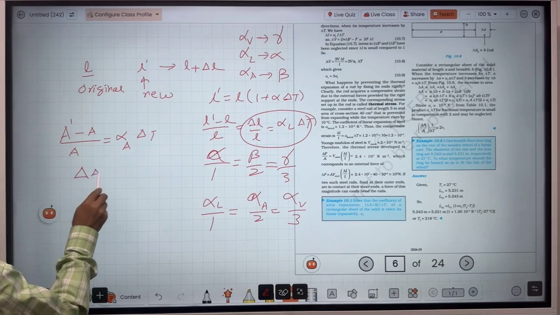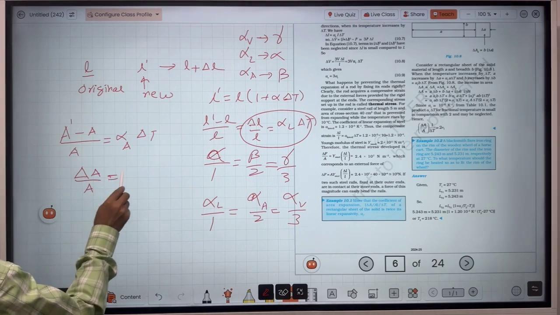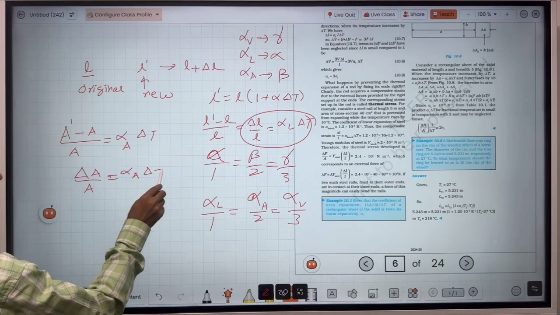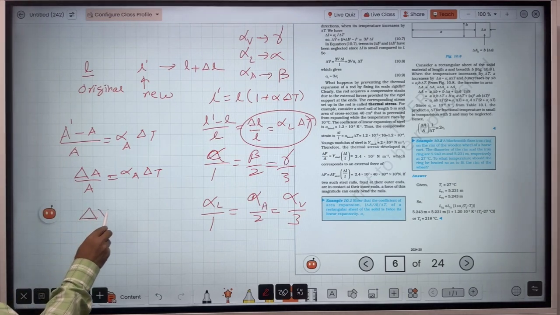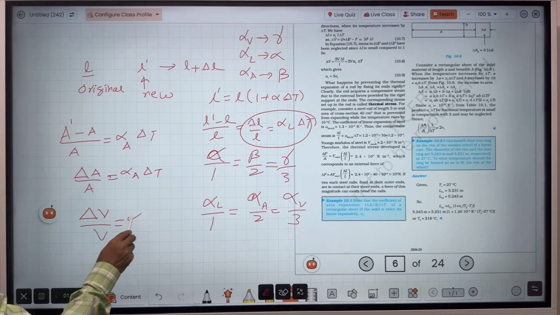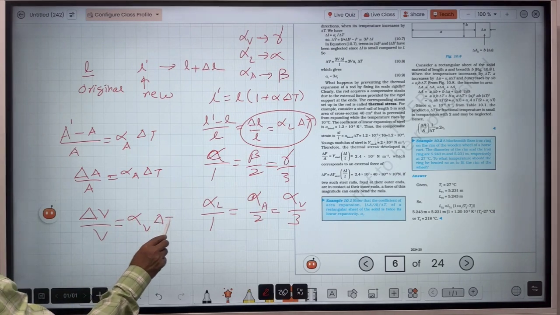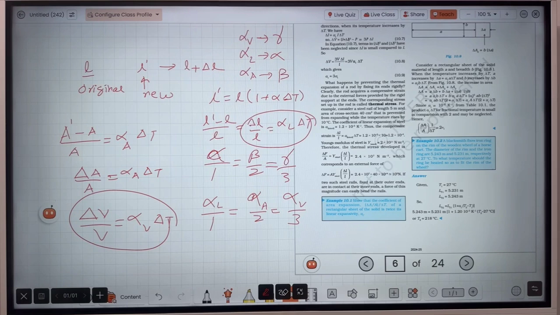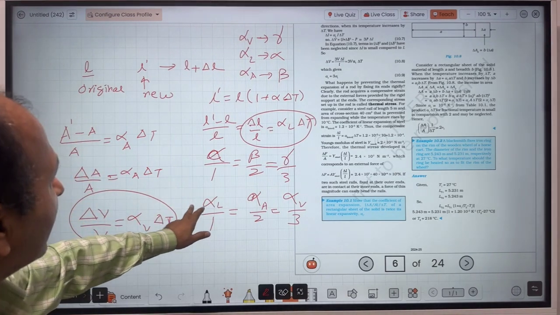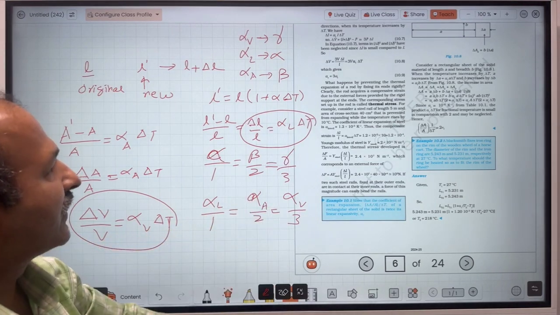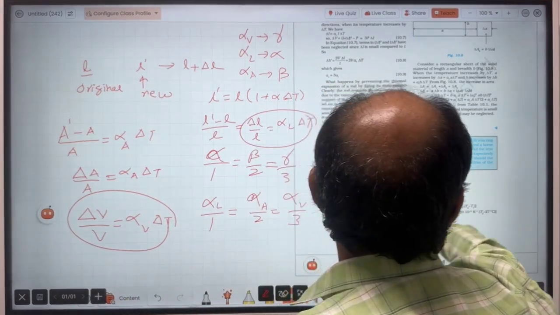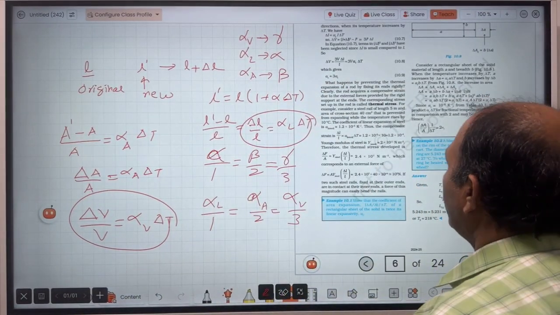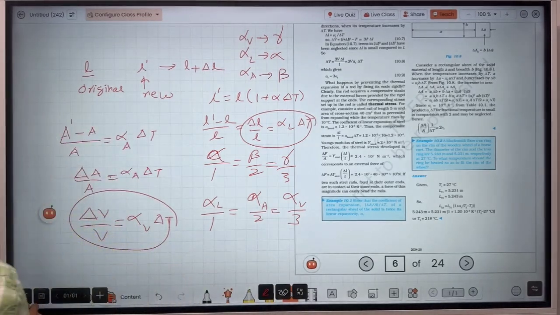So delta A divided by A will be alpha A delta T. Similarly, if you consider volume, you will get delta V upon V equal to alpha V delta T. So these are basic relations that we know, but here our concern is to relate alpha L, alpha A, alpha V. So here alpha V is derived, here alpha A is derived. So we are going to study them one by one.